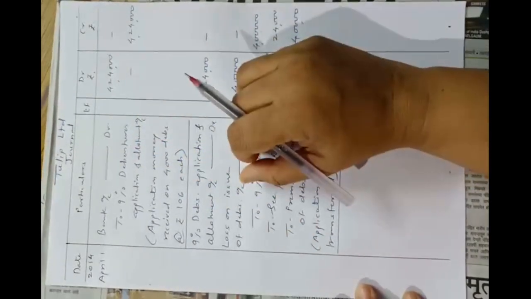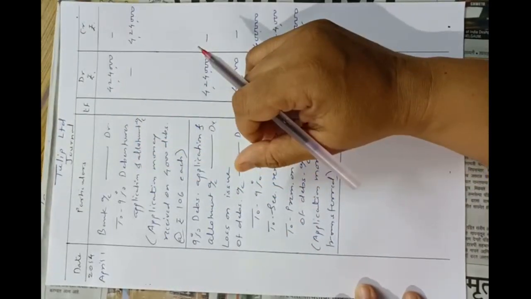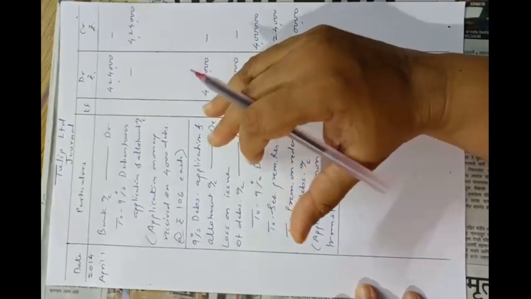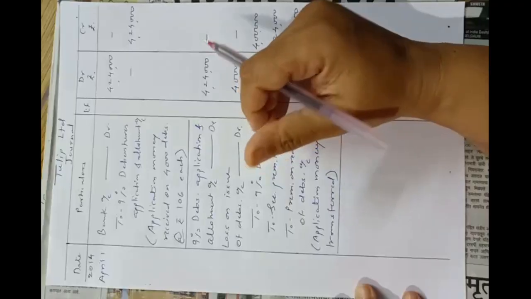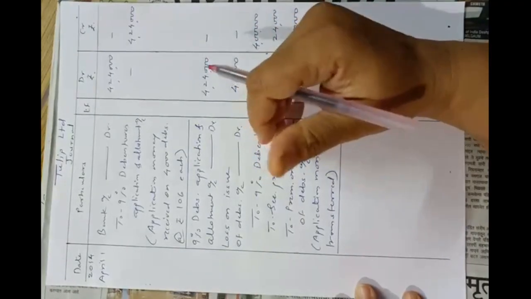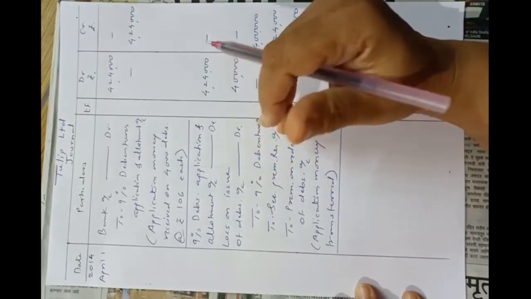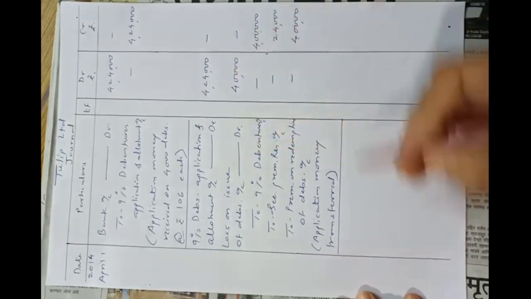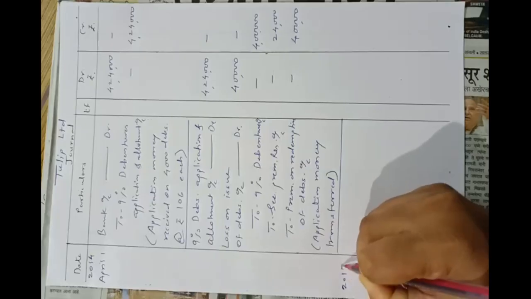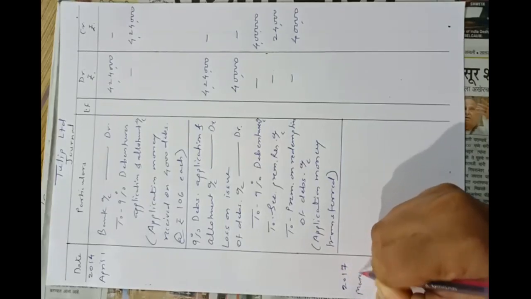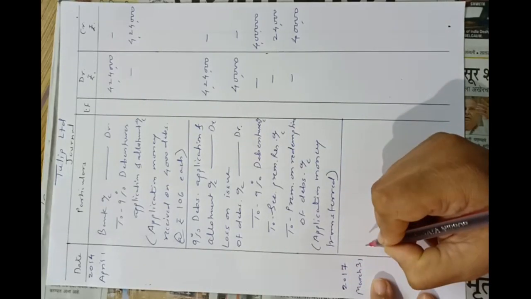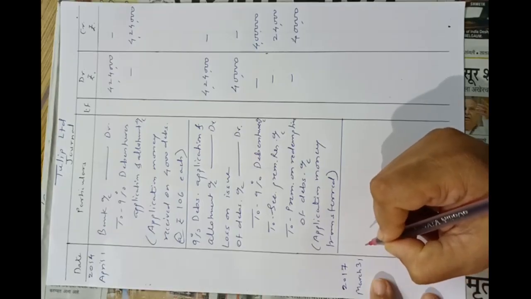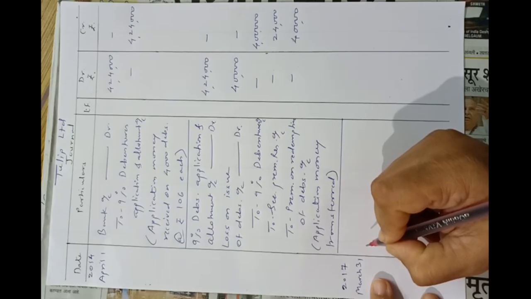Now these debentures are redeemable as on 31st March 2018. So on 31st March 2017 they have to create 25% DRR. Okay, so on 31st March 2017 they will create DRR, means they will transfer 25% amount from statement of profit and loss to DRR account.